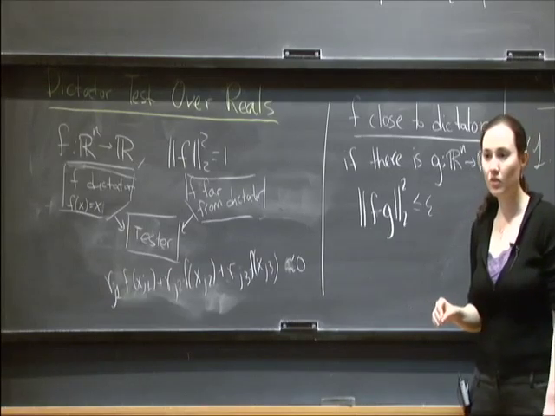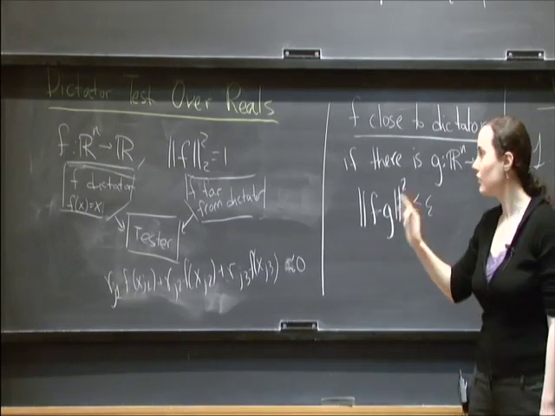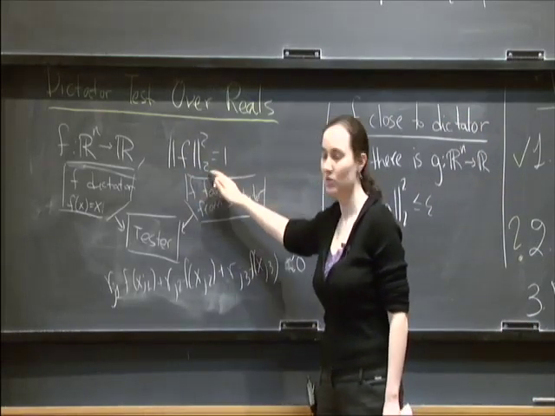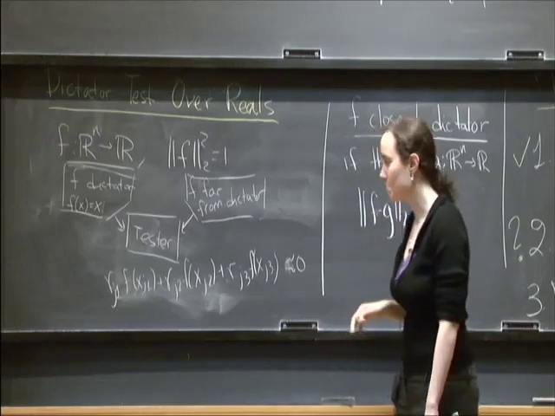What do you mean 2 norm? It's a real space. You mean Gaussian? Yes, I should say, Gaussian measure. When I wrote this, I meant with respect to the Gaussian measure. Thank you.